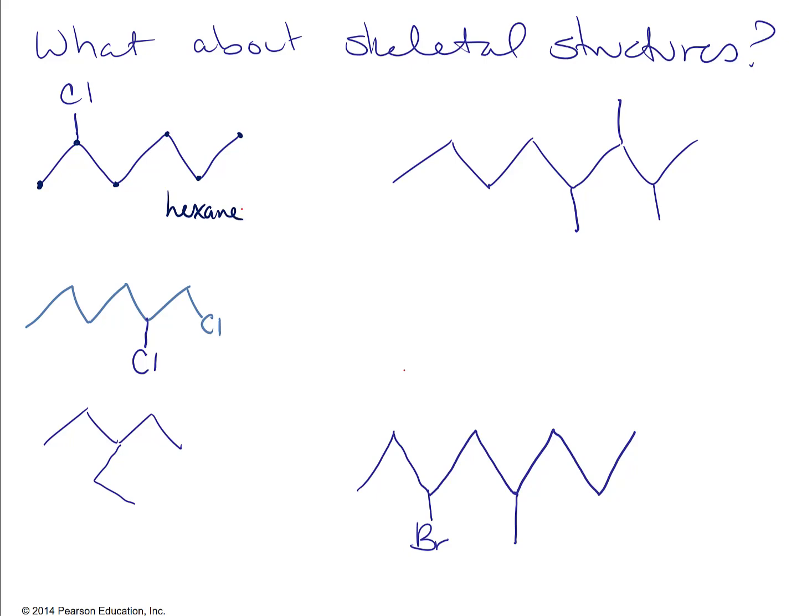So when you start numbering, and I oftentimes will go back and put dots in my corners and ends to help remember those are carbons. So when you would start numbering from this side, what's this group hanging? That's a chloro, and it's on carbon 2. So this one would be 2-chlorohexane, no spaces.